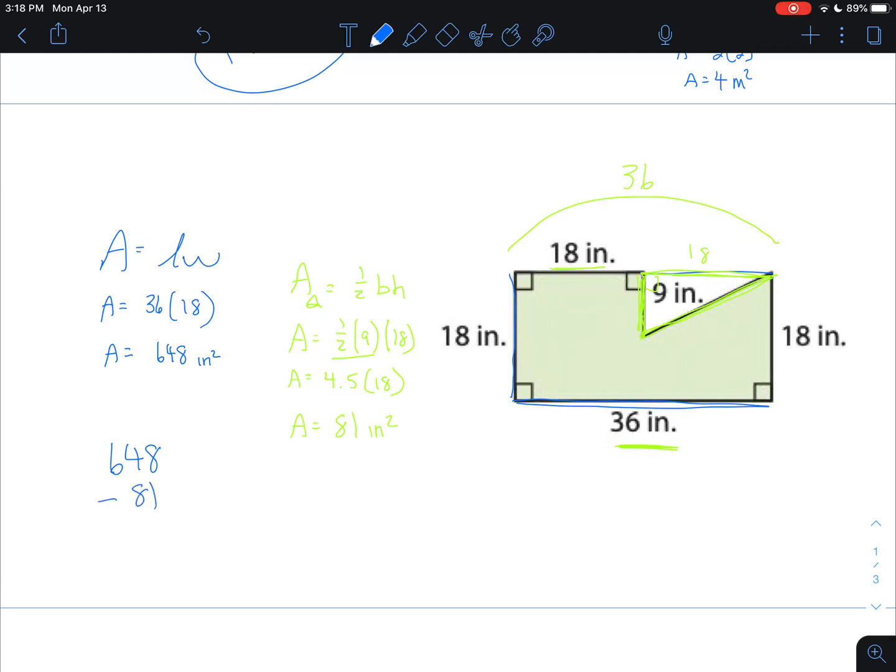So the whole rectangle is 648, but we need to take away 81 for the triangle that's not actually there. So 648 minus 81 is 567 square inches for the area of the compound polygon. Okay, there you go. Like I said, you don't need to do it this way. I just wanted to show it to you in case you could think about it this way.